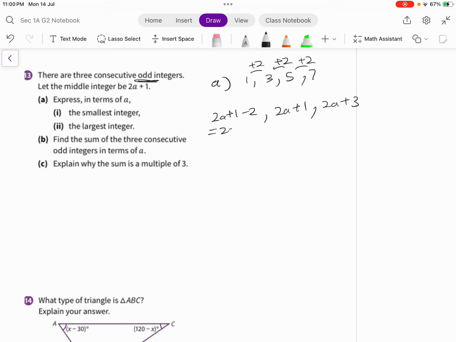So it's 2a minus 1. So part A, the smallest integer is 2a minus 1. The largest integer is 2a plus 3.